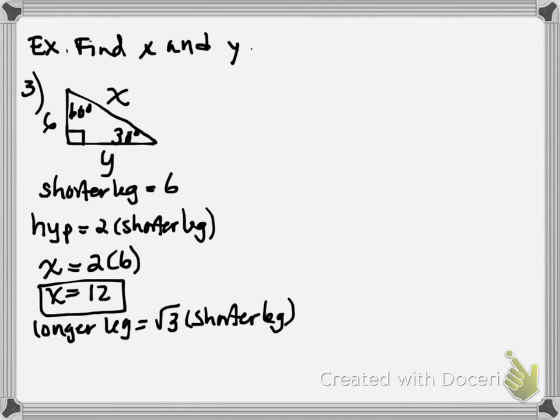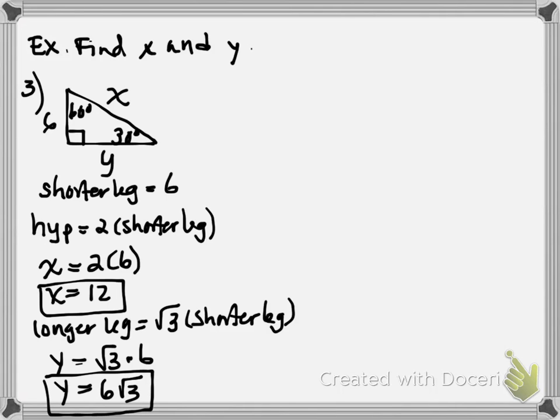So the longer leg y is equal to radical 3 times the 6. The only thing I'm going to do is rearrange that and put the coefficient in front. So y would be equal to 6 radical 3. So again, if I know those relationships, I've got answers real quickly.